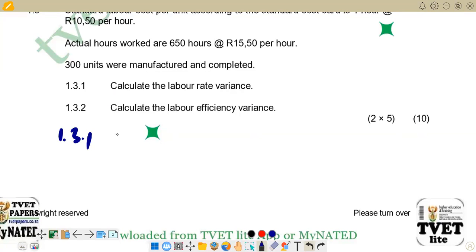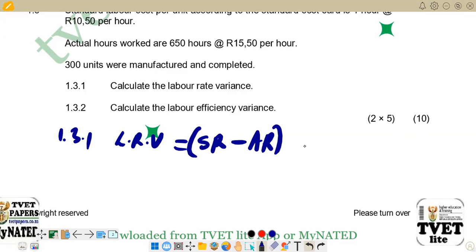Labor rate variance, we can indicate it in an abbreviation. It is equal to standard rate minus actual rate. Then in brackets, we multiply by actual rate, out of the brackets, right?